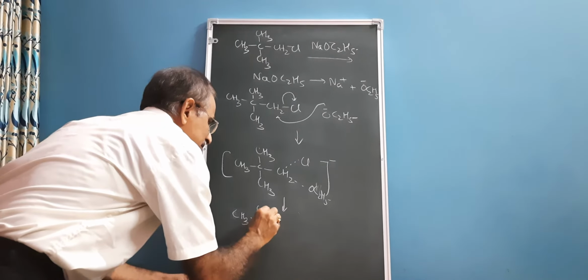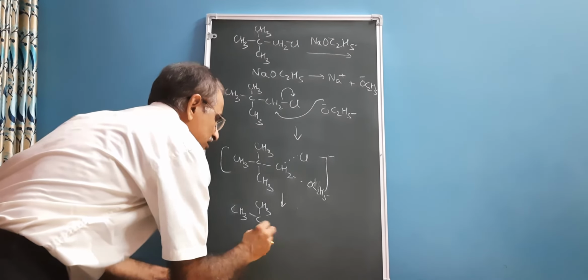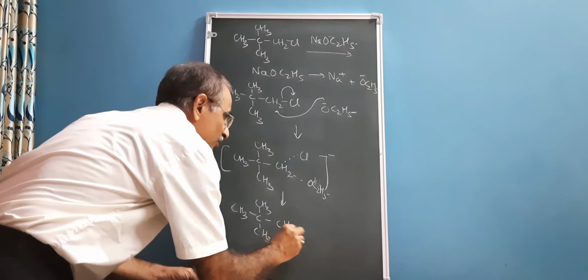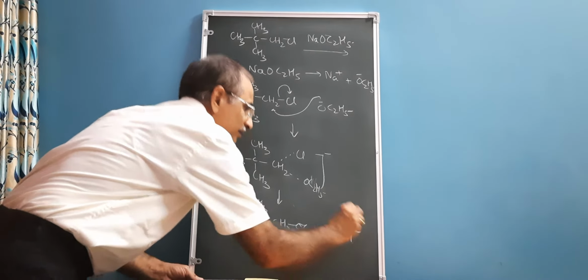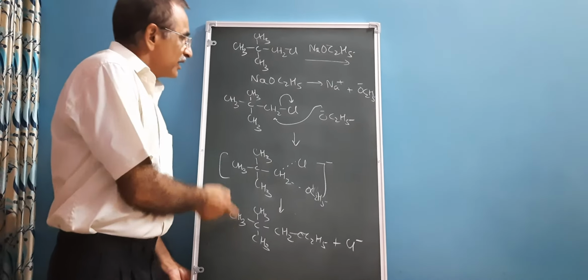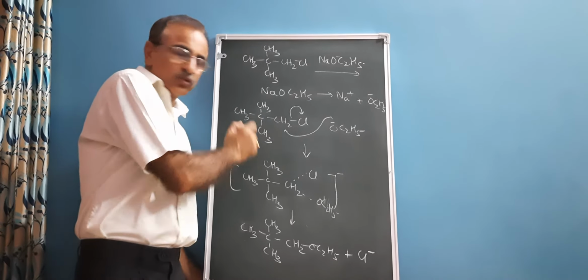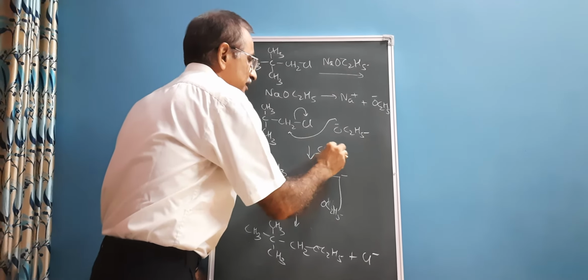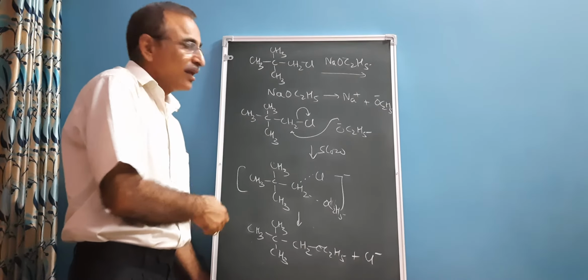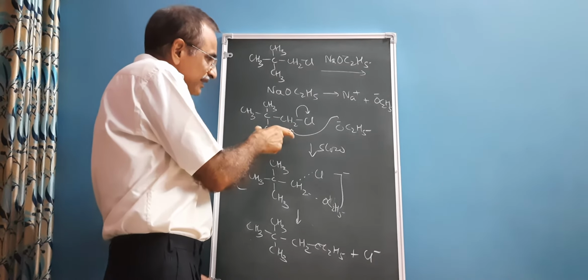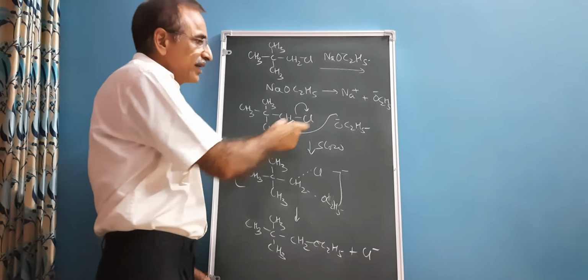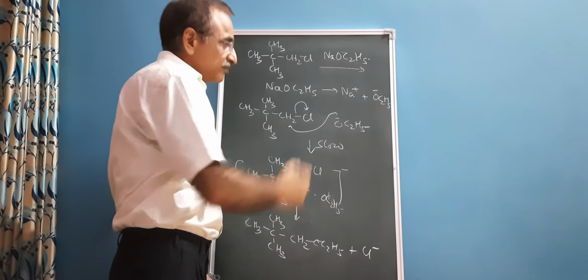again we are getting here CH2O, C2H5, and here Cl. Here in the slowest step, this step is the slow step. Here we can observe that the rate of reaction depends on the change in concentration of this haloalkane and this base.